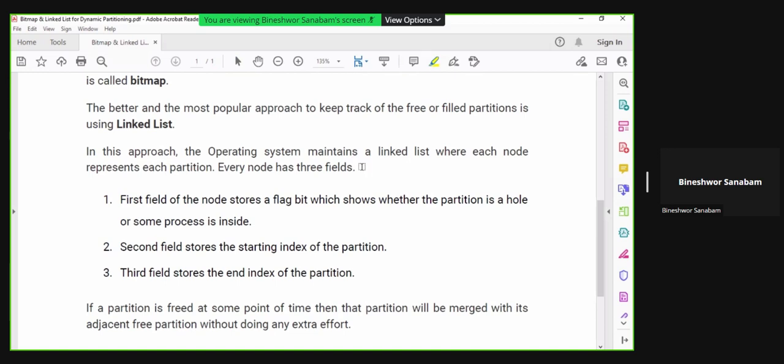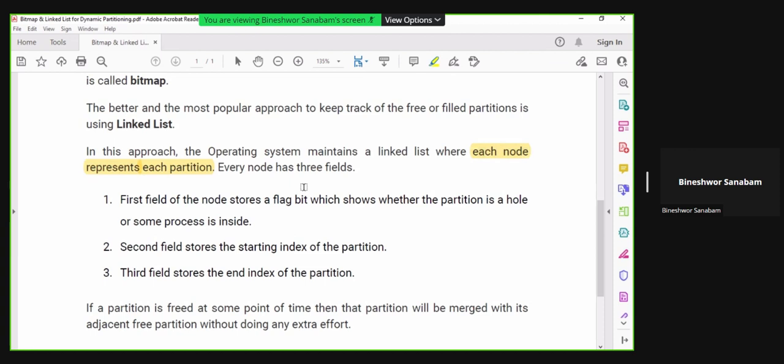The operating system will maintain a linked list where each node represents a partition, and every node is going to have three fields.